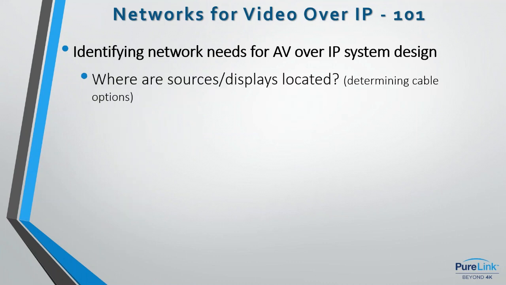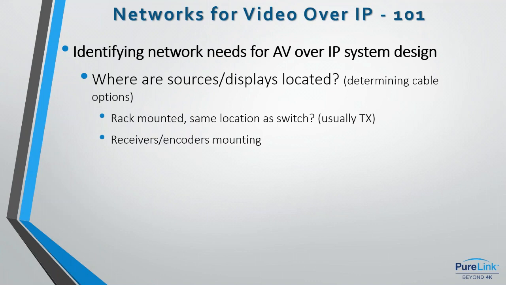All right, so identifying locations of sources and displays, and what that really leads to is determining cable options. So let's just cover some practical stuff. Our products come with rack mount plates. In a lot of cases, transmitters may be in the same rack as the network switch.